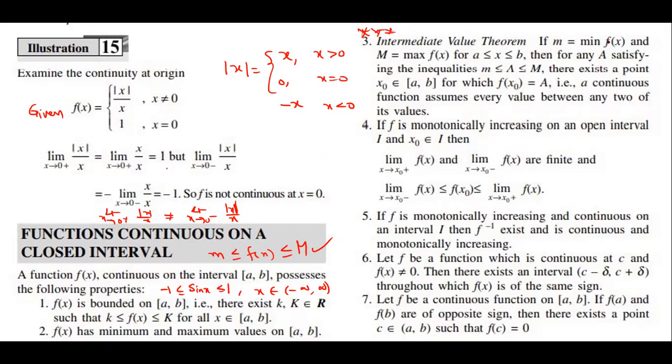If small m is equal to minimum of f of x, capital M is equal to maximum of f of x, where x belongs to closed interval a comma b, then for any A satisfying the inequalities, m is less than or equal to A less than or equal to capital M, there exists a point x naught belongs to closed interval a comma b, for which f of x naught is equal to A. That is, a continuous function assumes every value between any two of its values.